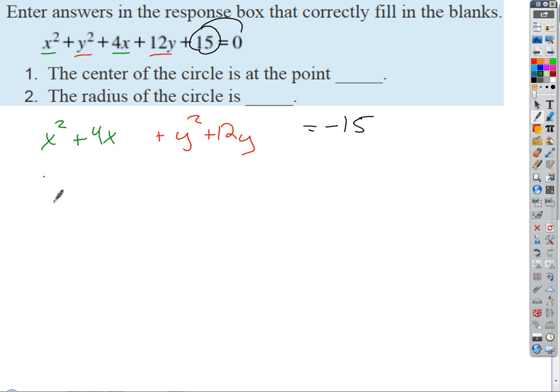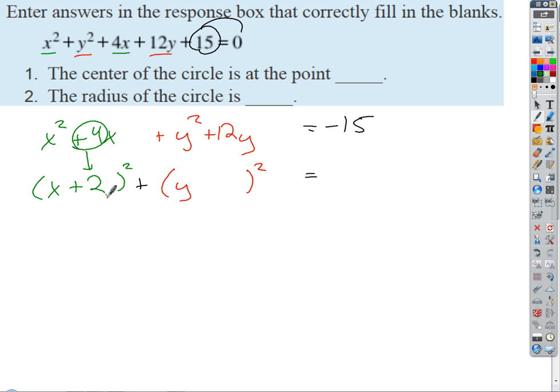So that's my template, right? Okay, so Riley, what number is going to go there? 2. Good.